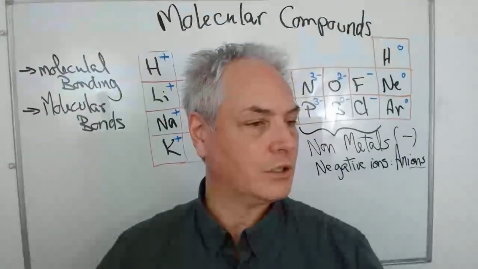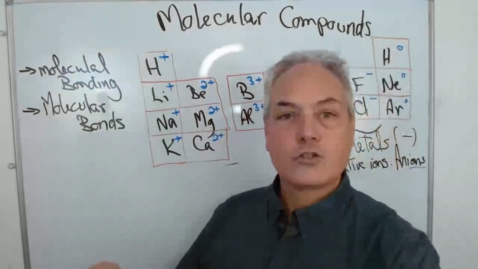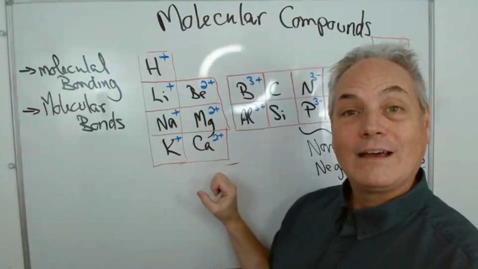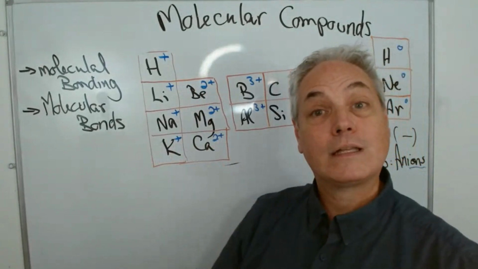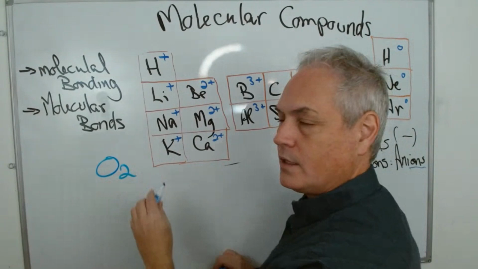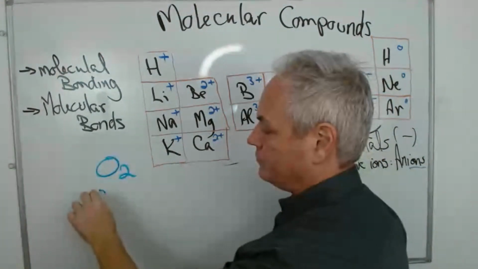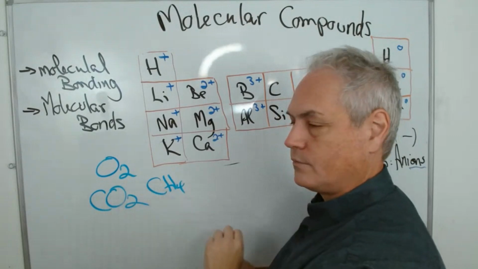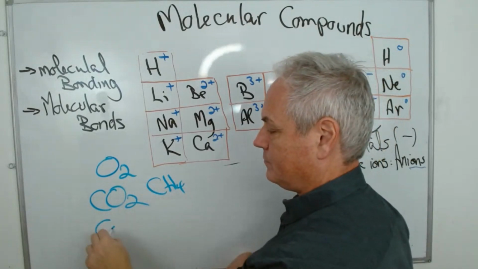Let's go back to the board. When you have a molecular compound, we do not have any metals. So you have compounds such as O2, CO2, methane.